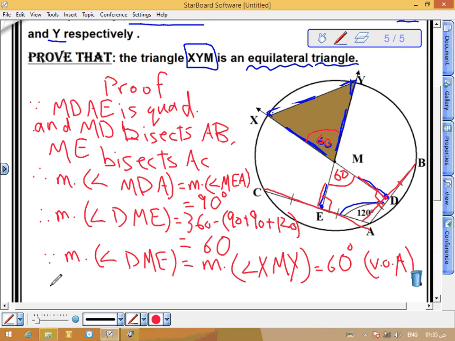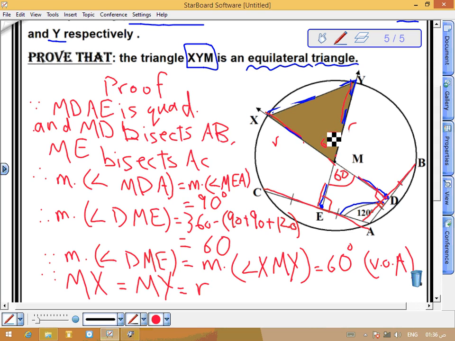Since we have that MX equals MY equal of all the radius of the circle. We know that all the radii in the circle are equal in length. So MX equals MY. So we have the triangle MXY now is an isosceles triangle, and the measure angle XMY equals 60, which is the vertex angle here.